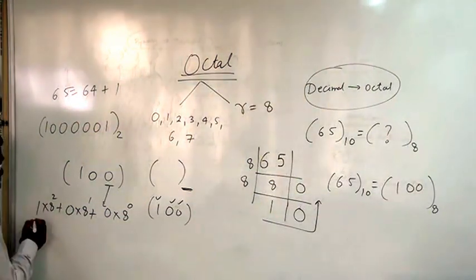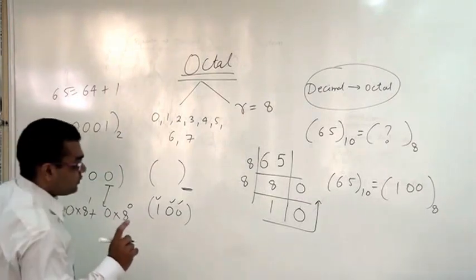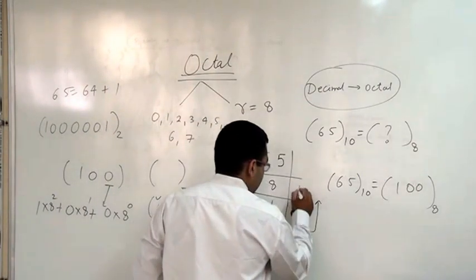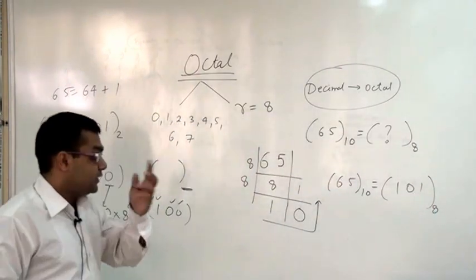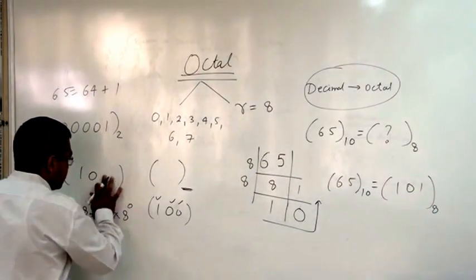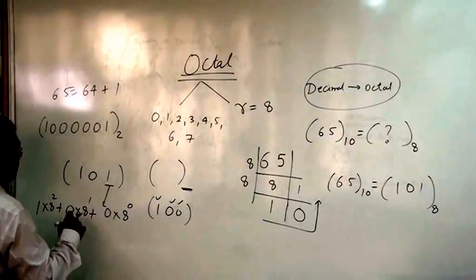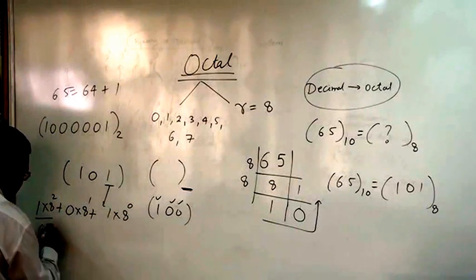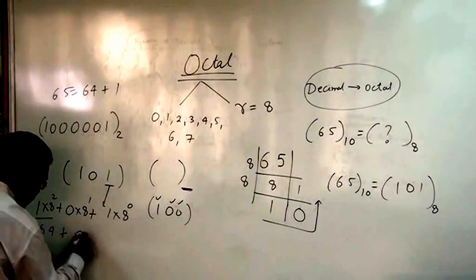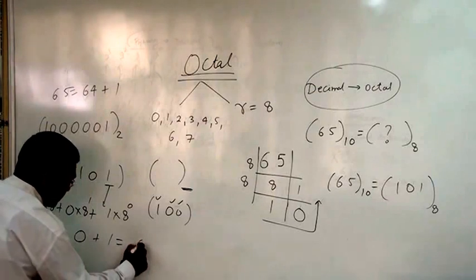Somewhere we have gone wrong, so this is 1 actually. So this is 64 plus 0 plus 1, that is 65.